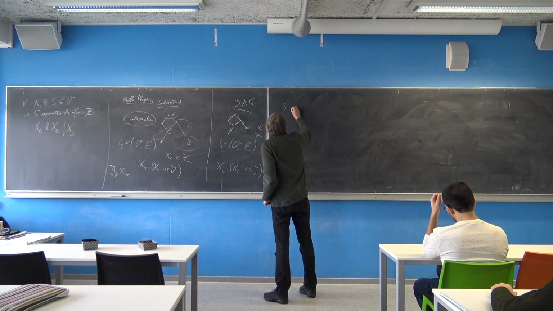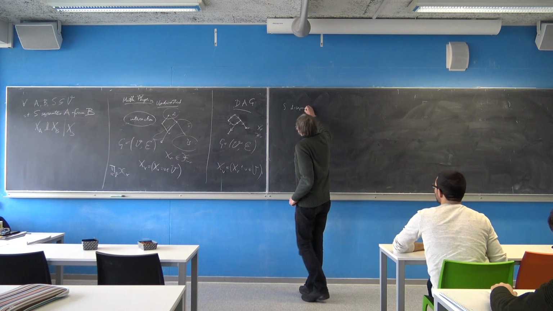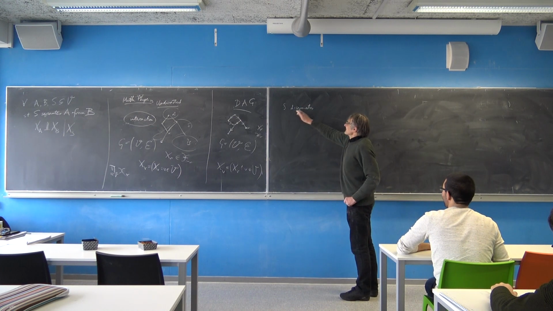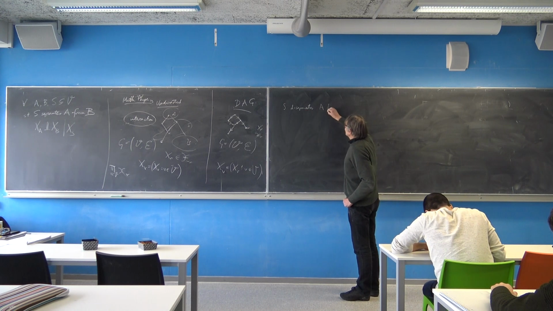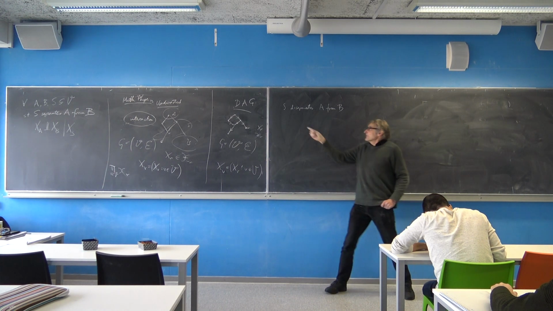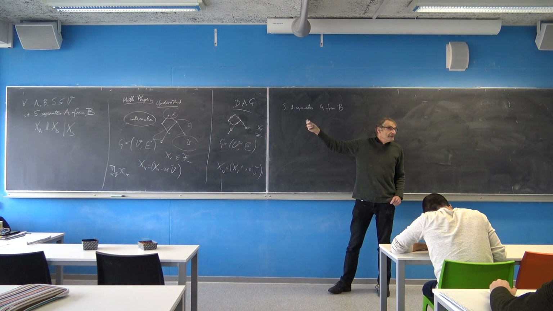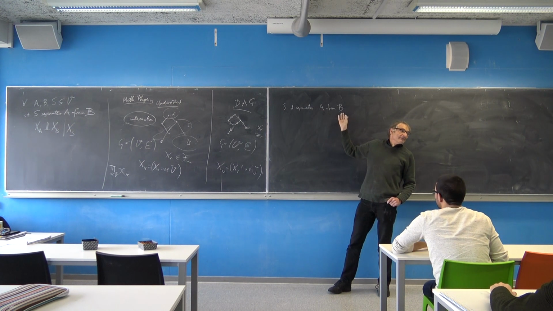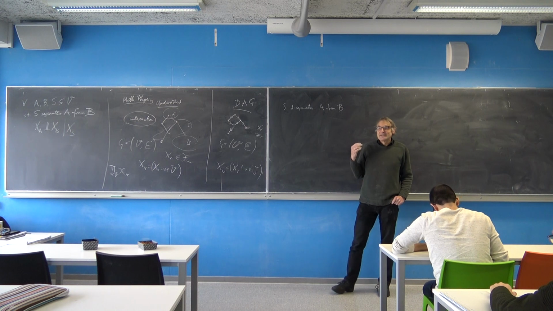Okay, so I'm now postponing the pain. S d-separates A from B. S, A, and B are disjoint. S can be empty, by the way. Then we are saying A is d-separated from B, but I haven't told you what d-separated means yet.